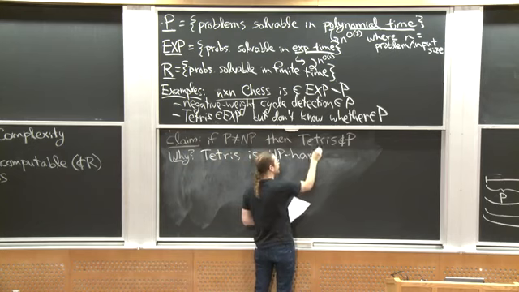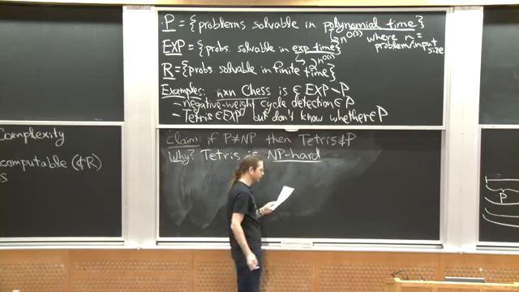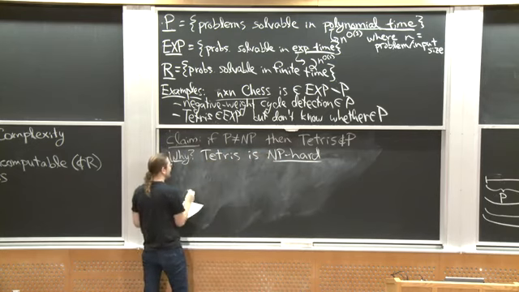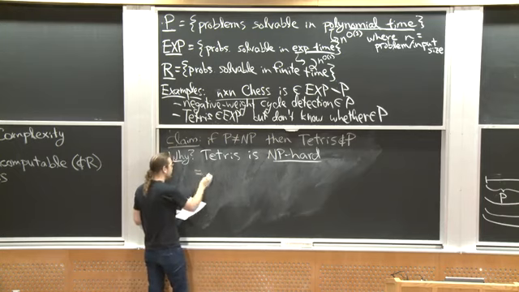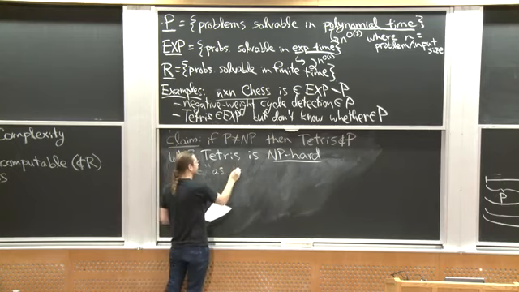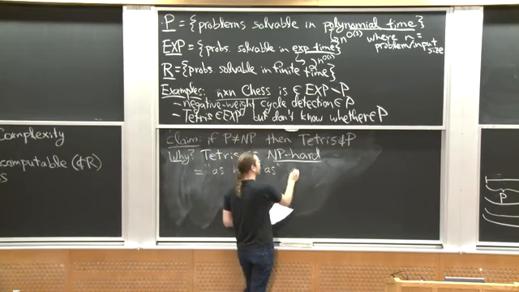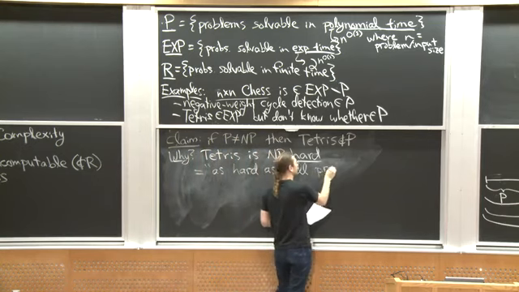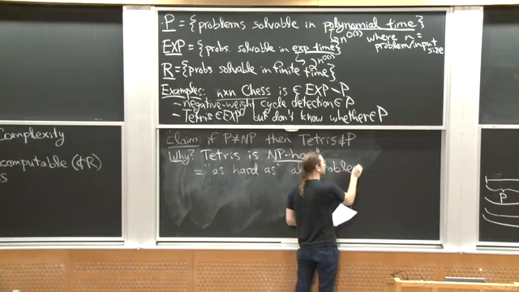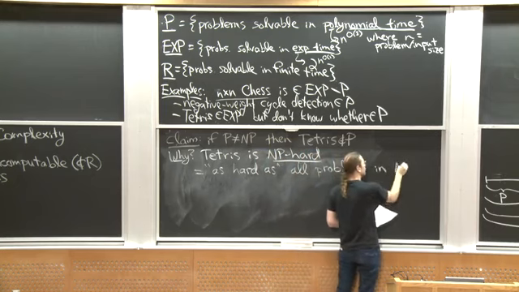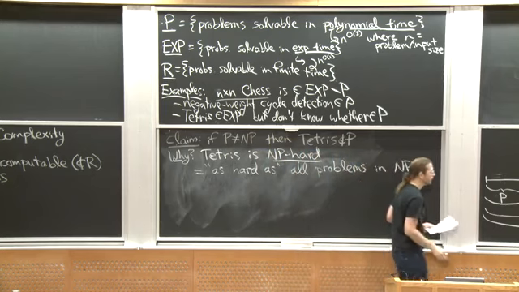I'm going to define NP hard informally first, and then I'll define it slightly more formally in a second. But this means roughly that Tetris is as hard as all problems in NP. So let me draw this in the picture.